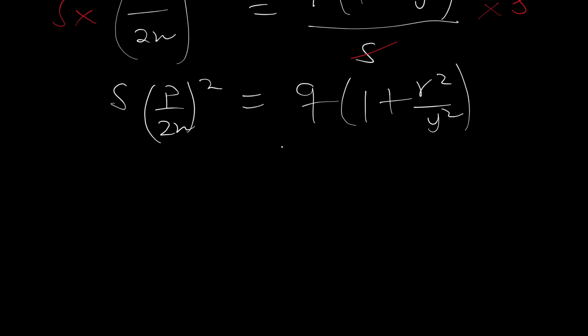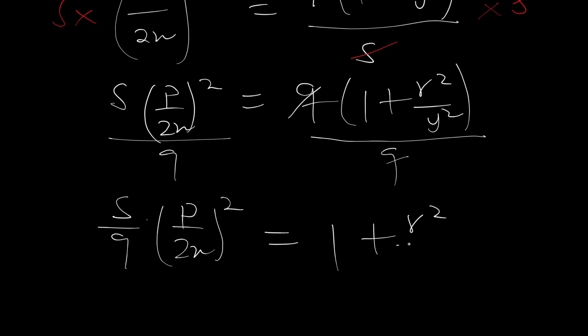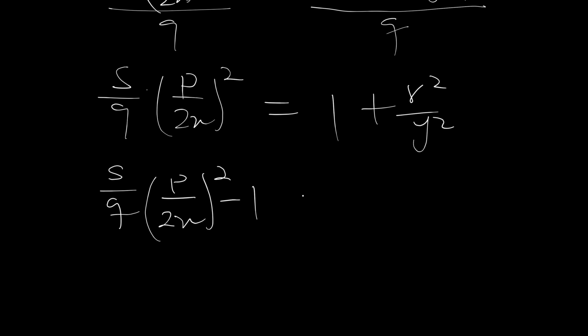Now we can divide both sides by q. When we divide here by q and here by q, q cancels q. So we have s over q multiplying p over 2x all squared is equal to 1 plus r squared over y squared. Now this can also be written as s over q multiplying p over 2x all squared minus 1 is equal to r squared over y squared.